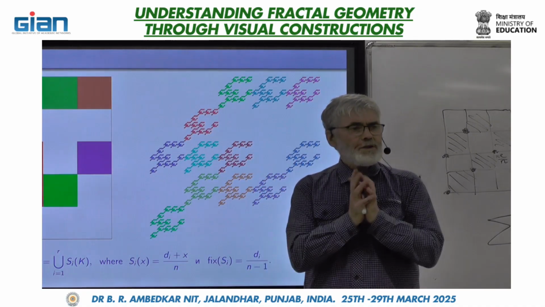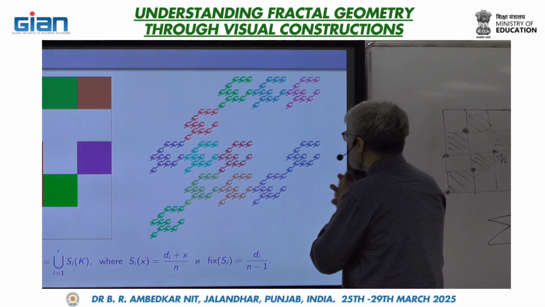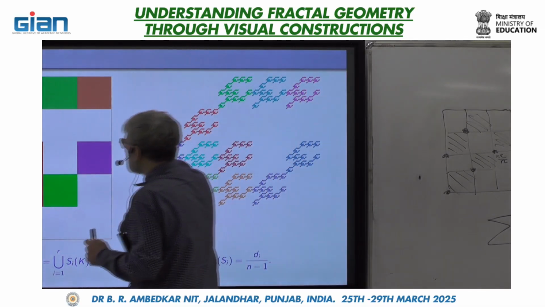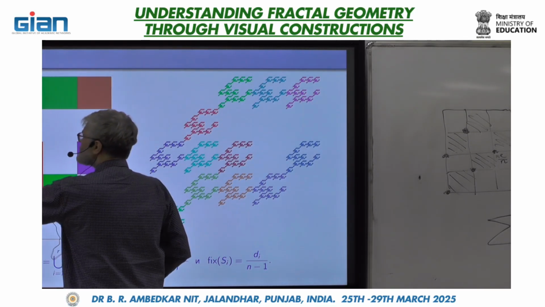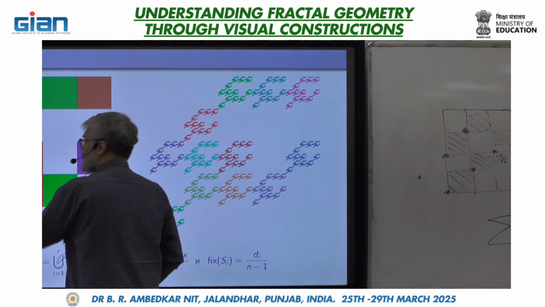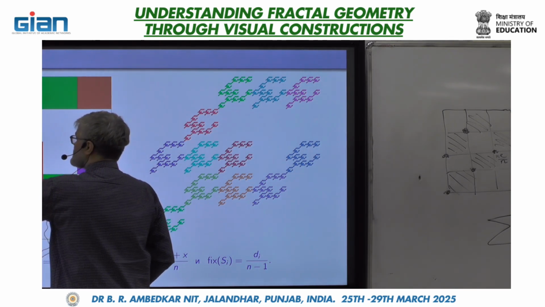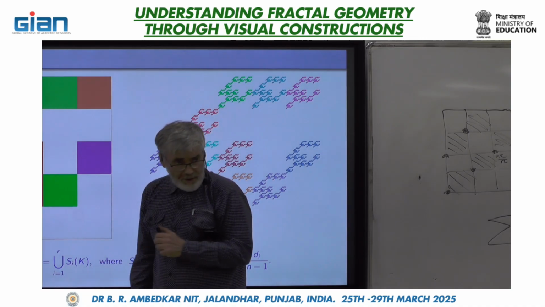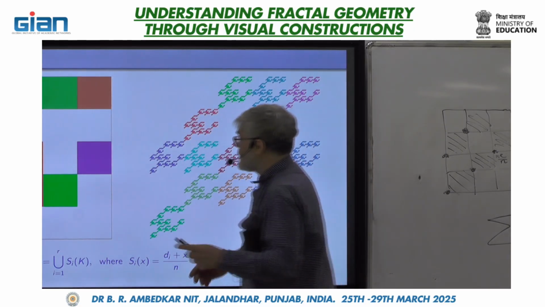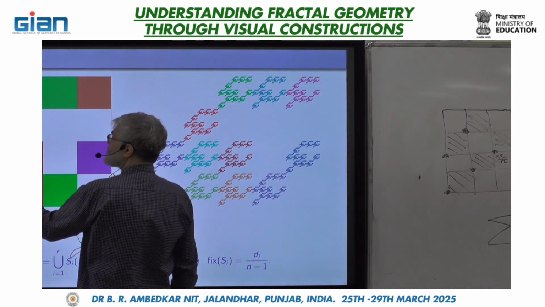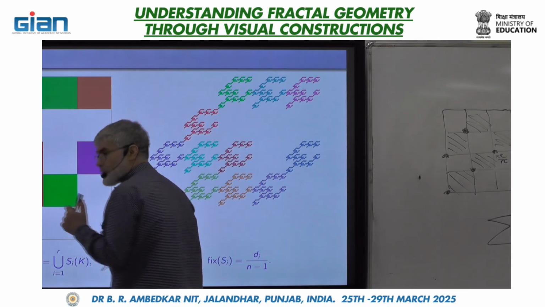But the problem of how it is connected is very interesting, because each square has 1, 2, 3, 4, 5, 6, 7, 8 neighbors. Squares can have side neighbors and they can have vertex neighbors.